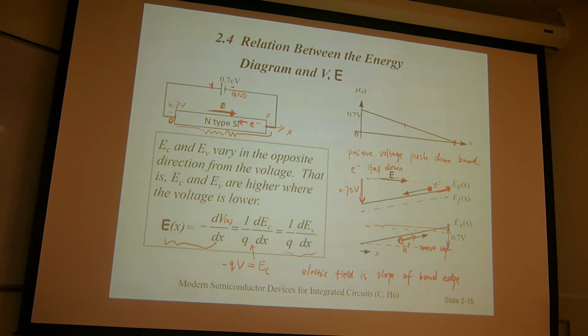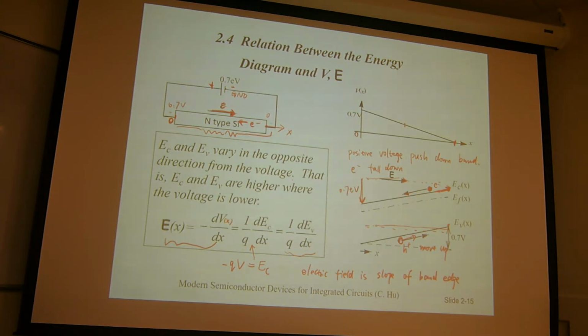Here we have a very important conclusion: applying positive voltage to the semiconductor means you are going to push down the energy band. For example, in this case, we apply 0.7 volts to the left terminal. That means on the left-hand side, we push down the energy band by 0.7 electron volts.